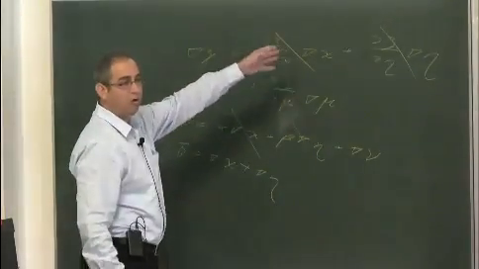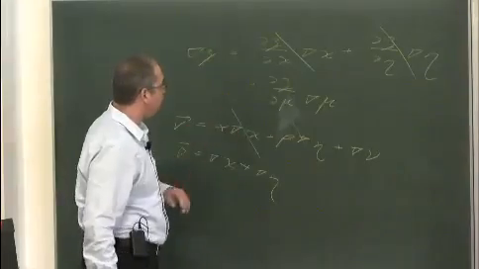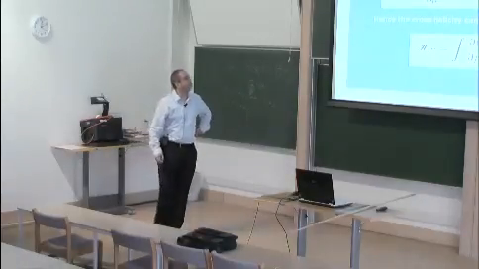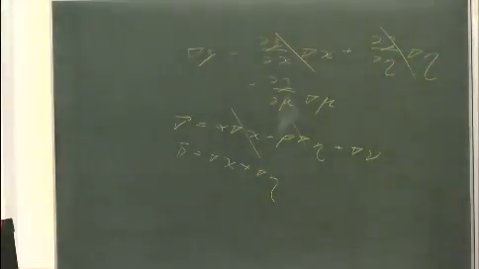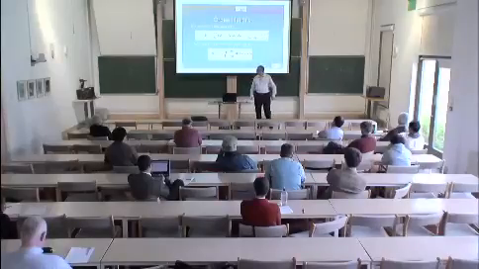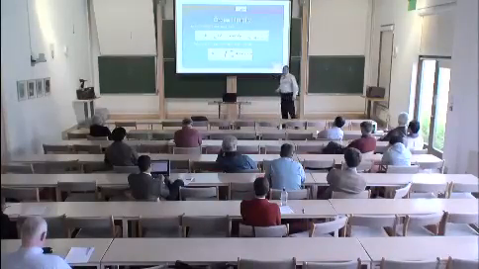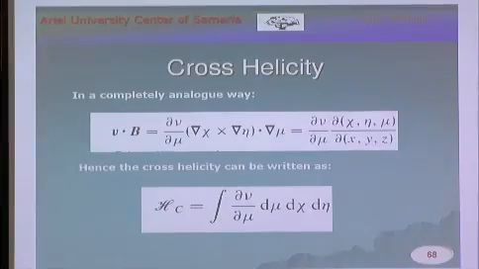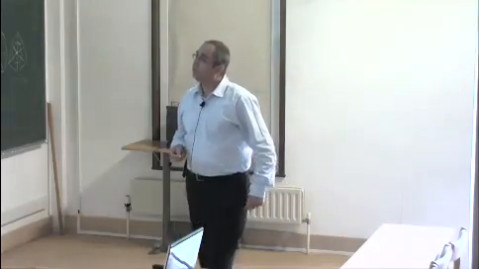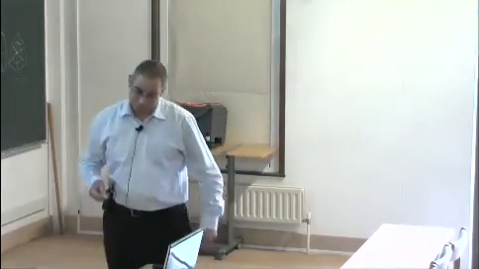And the same logic that I applied before applies over here. And what you have is V dot B, which is a partial derivative of nu with respect to mu, times this Jacobian with respect to chi, eta, and mu. And you can plug this inside the cross helicity integral, and you get this form.